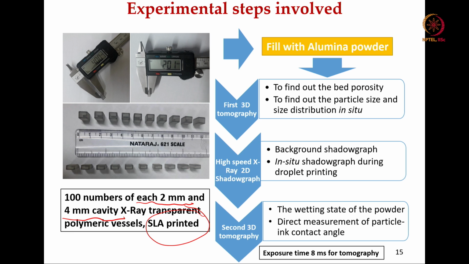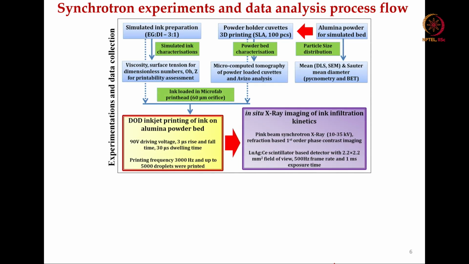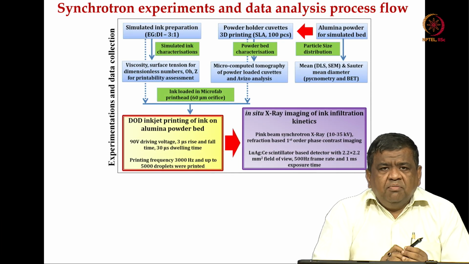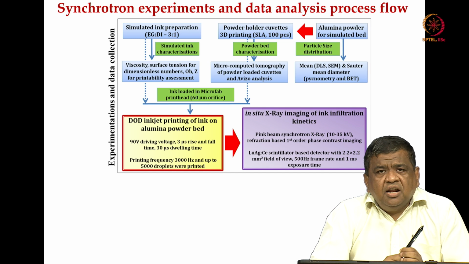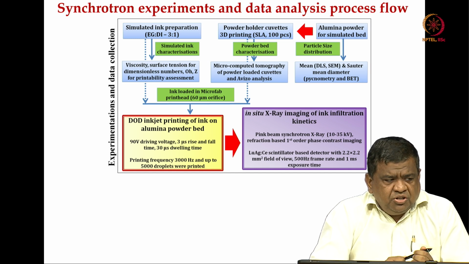Then we used high speed X-ray 2D shadowgraphs, and in the second stage we used 3D tomography. In the X-ray tomography, we used an exposure time of 8 milliseconds. Synchrotron experiments are one thing, but data analysis is far more extensive, which has been mentioned here.